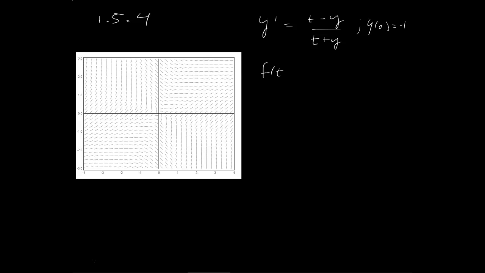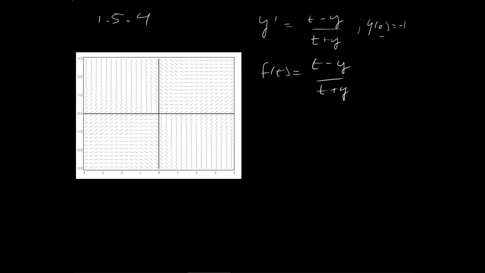Looking at Picard's theorem, the first thing we're going to ask is, what about that function, which is equal to y prime, just (t minus y) over (t plus y)? Is this continuous at our point, and on what rectangle would it be continuous? For this one, you could just notice, as long as t is not equal to negative y, or y is not equal to negative t.